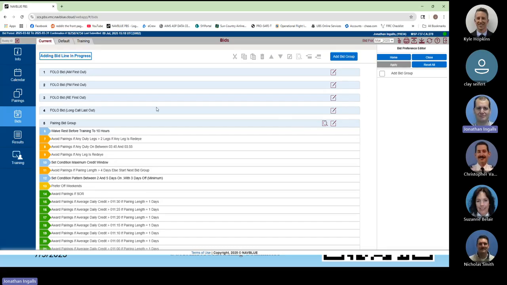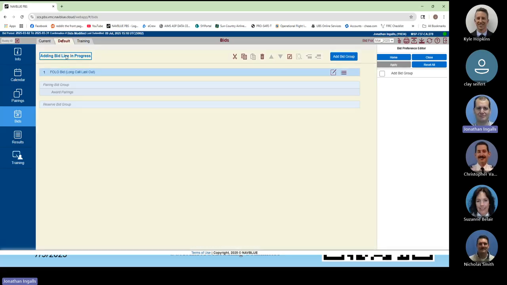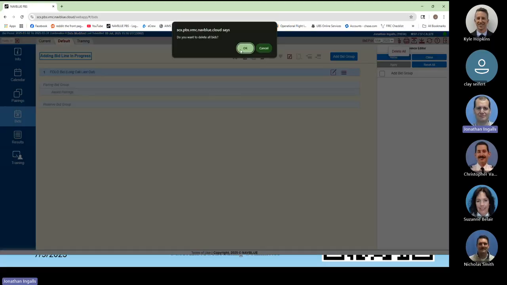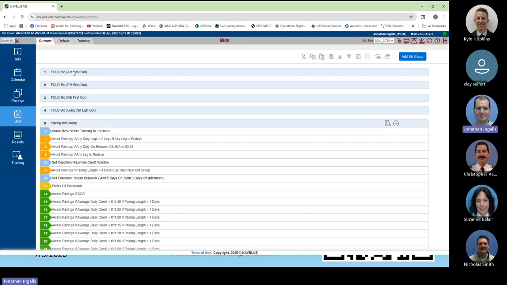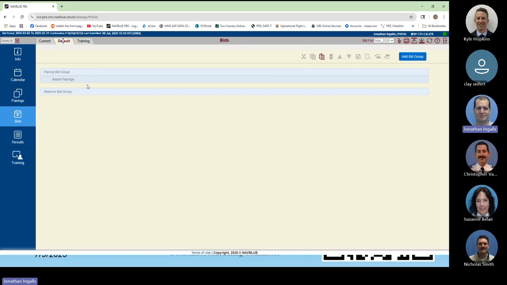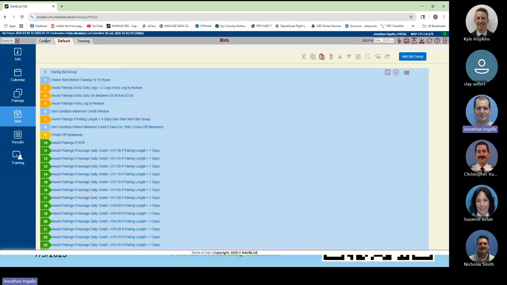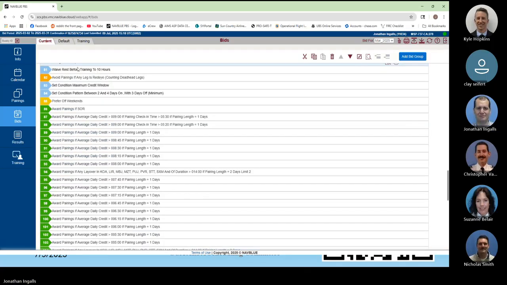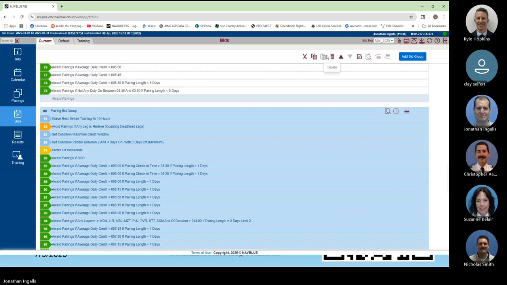So this is my, and one thing that's really cool is you can copy your bids into everything. So I'm going to delete this whole bid. I'm going to go back to my current bid. I'm going to copy. I'll paste. Copy.